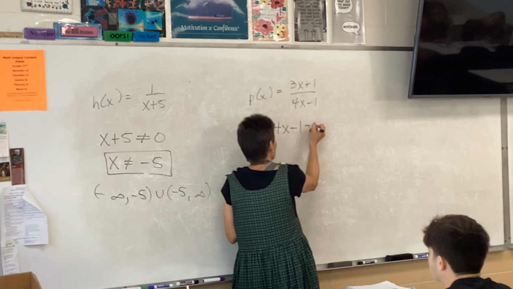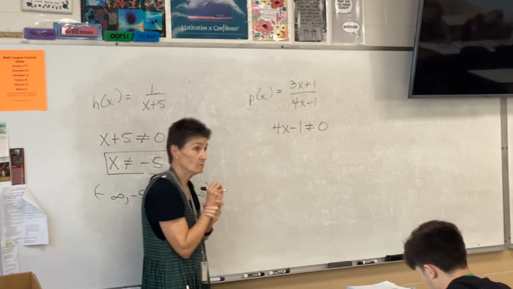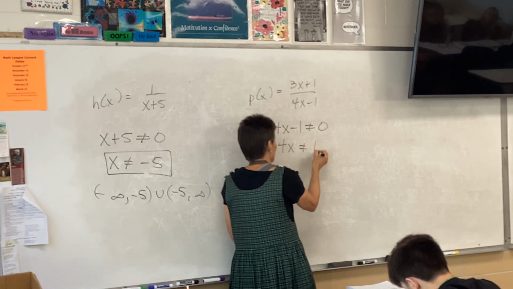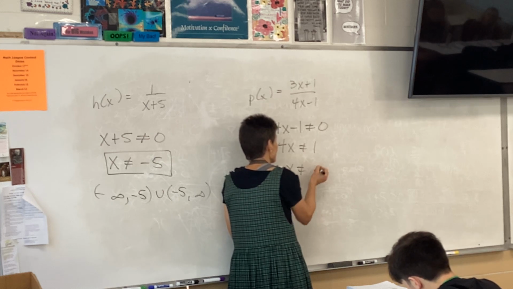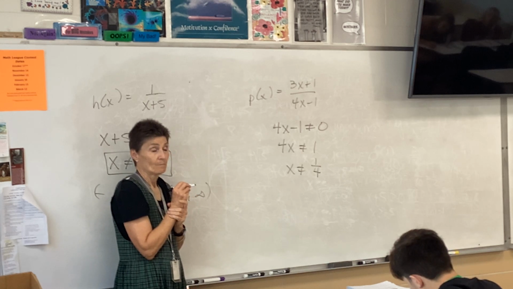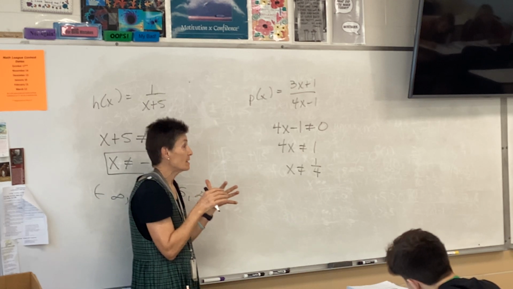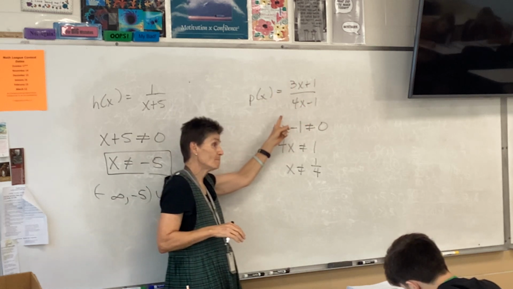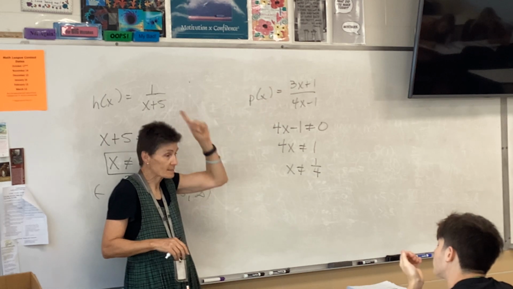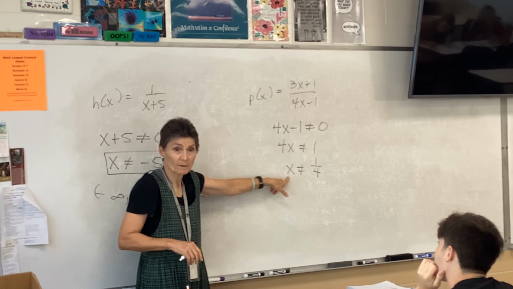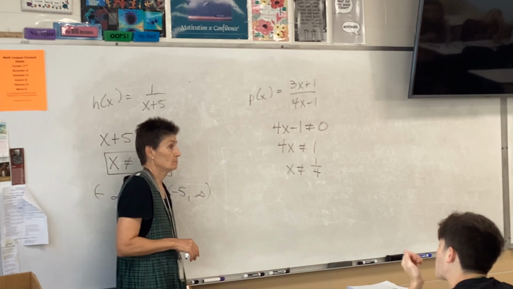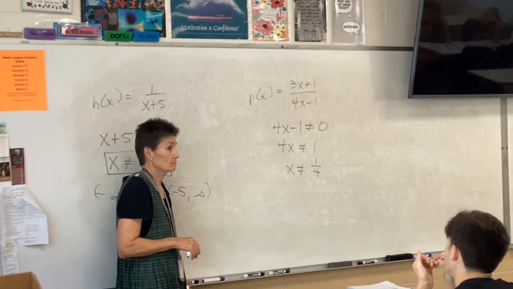The denominator cannot be 0. So I'm going to solve that. And it looks like my domain is x cannot be 1/4. Which means that if you're picking x's for this problem, you can pick any number you want except 1/4. Don't pick 1/4, because 1/4 will make the denominator 0.